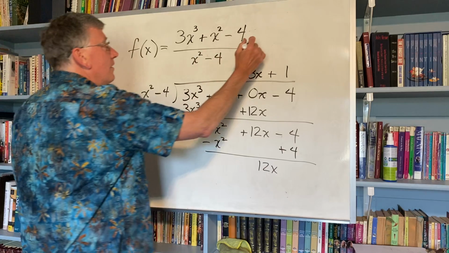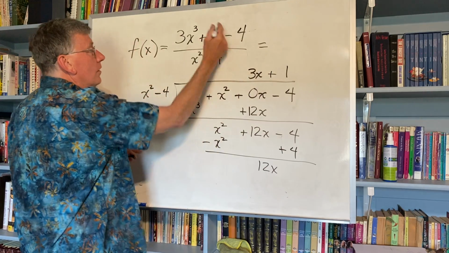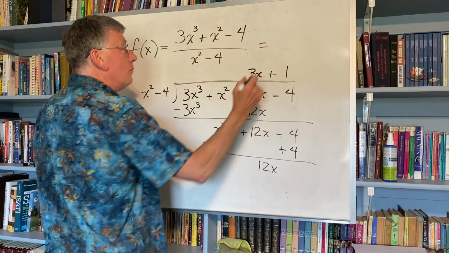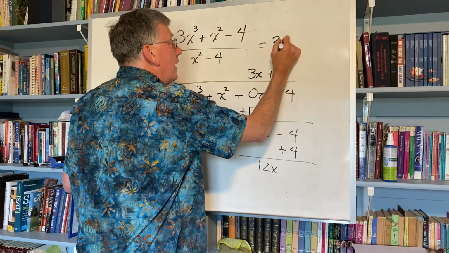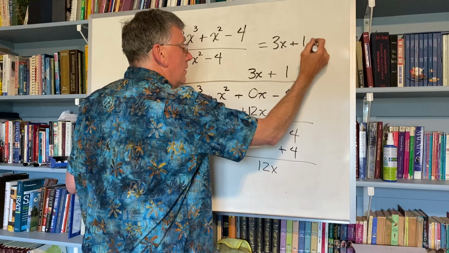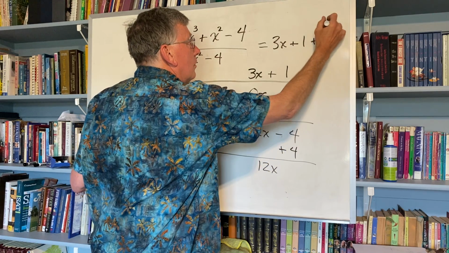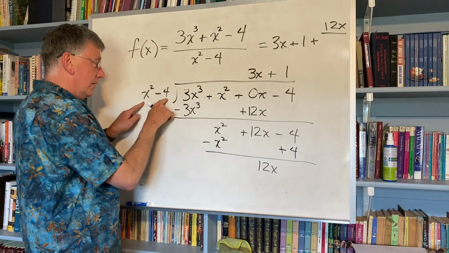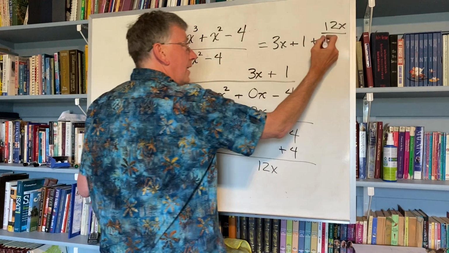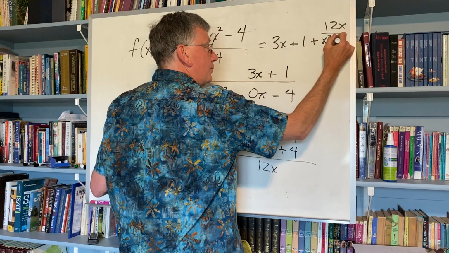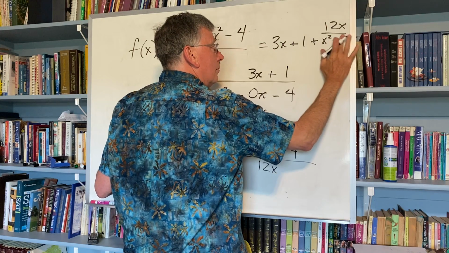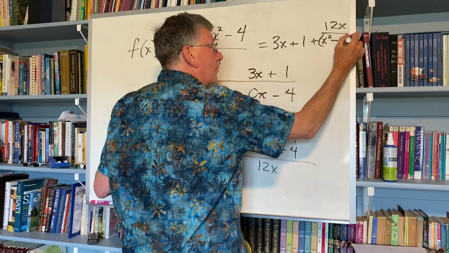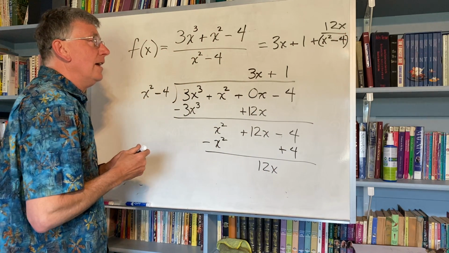That means this big rational expression, or function, is equal to 3x plus 1 plus 12x over my divisor, which was x squared minus 4. Put parentheses around that to make it a little simpler.